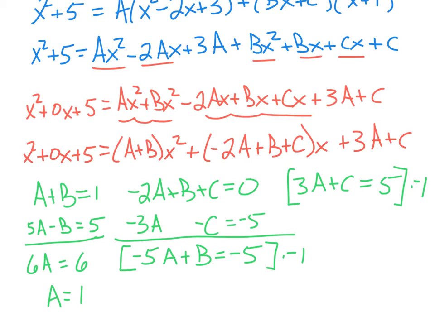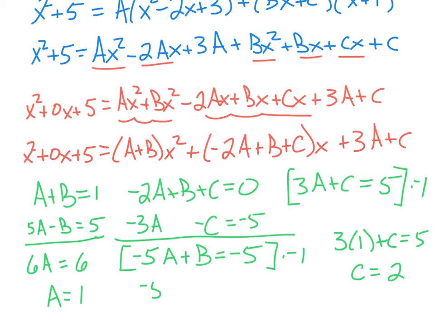I'm going to come back over here to our furthest right equation. So then we have 3 times 1 plus c equals 5. So 5 minus 3, c is 2. And we can go back and find b as well.